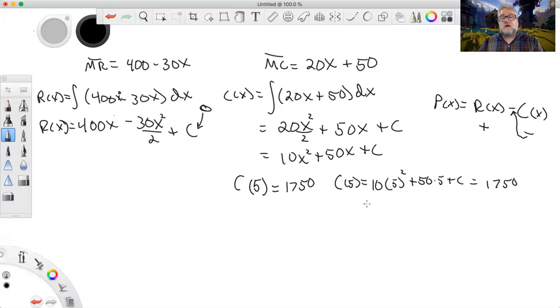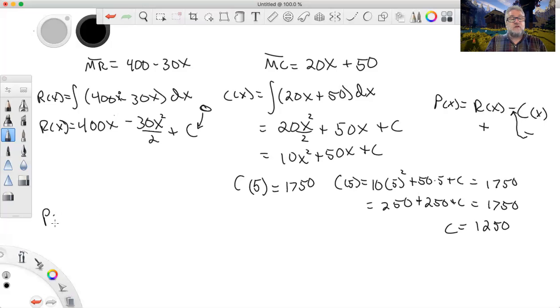This is 25 times 10, 250. 5 times 50 is 250. So 500, move it over there. C comes out to be 1250. Is that right? Yep. Okay. So now we can do our thing.